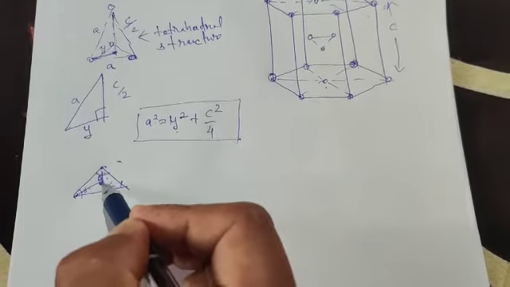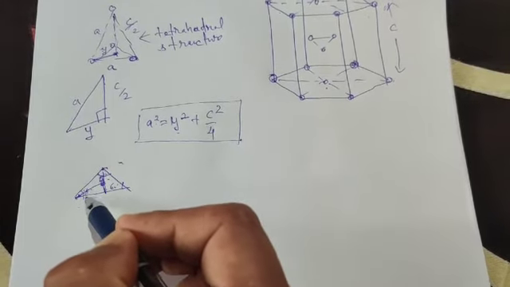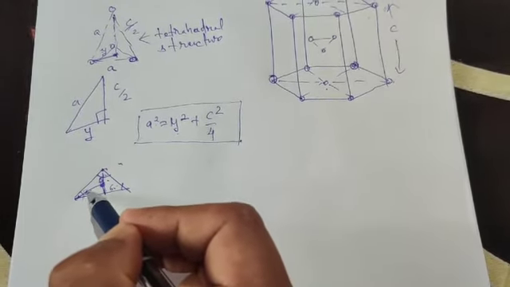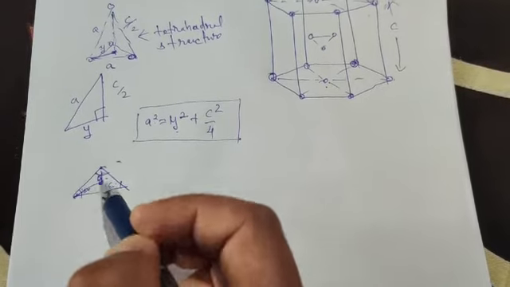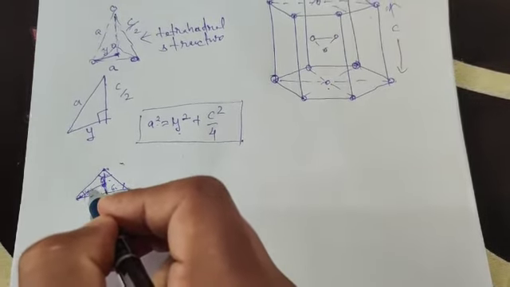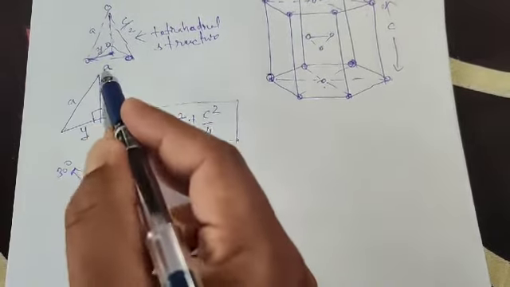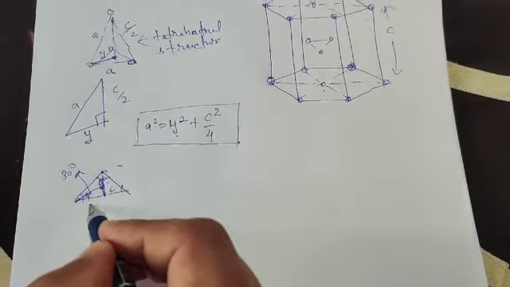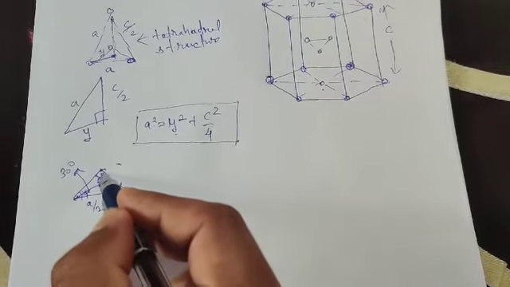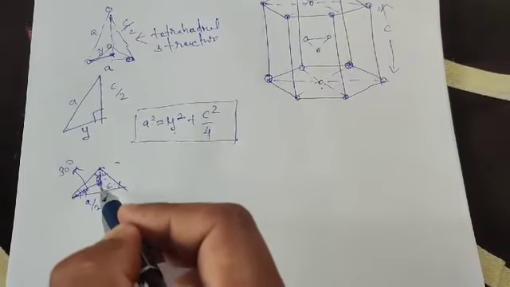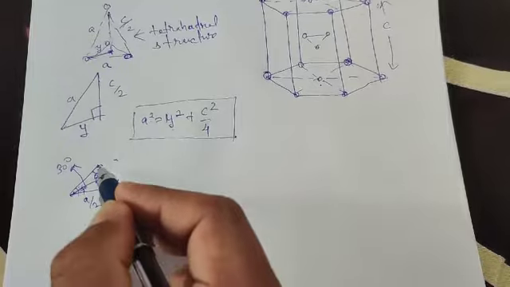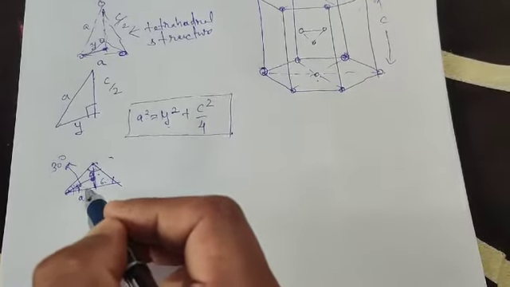Since this is 60 and it is bisecting, this is 30 degree, this will be 30 degree. Since this is A, this will be A by 2, and this is A by 2, so this is Y.